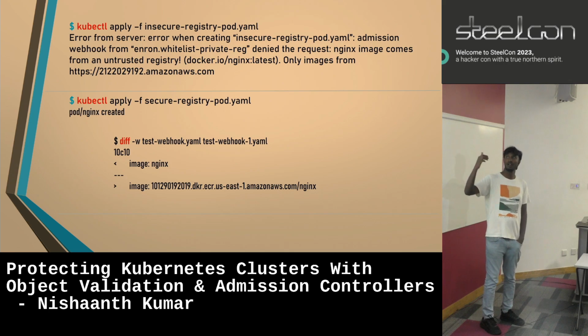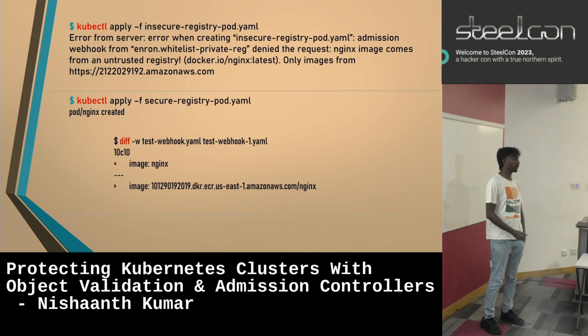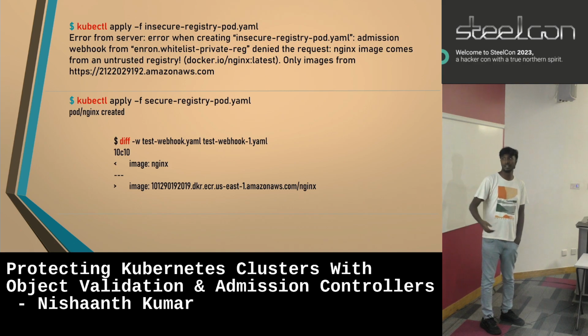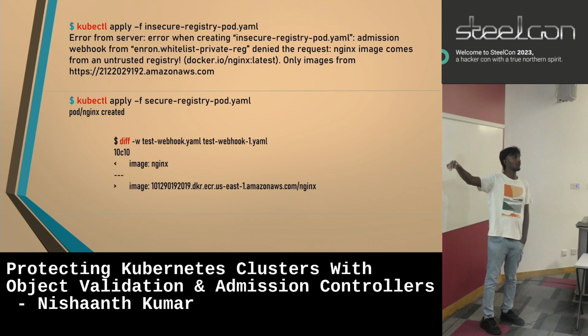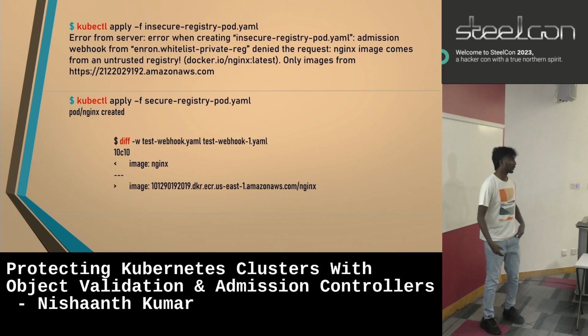In the first screenshot, we can see that when it tries to pull an image from docker.io, an Nginx server, it rejected the request because the image is not from a trusted repository, like how we described in the webhook logic. In the next step, it allowed it because the image is from this specific URL. And since we allowed it, even though it's the same Nginx server, it didn't get it from Docker, but from the second URL.